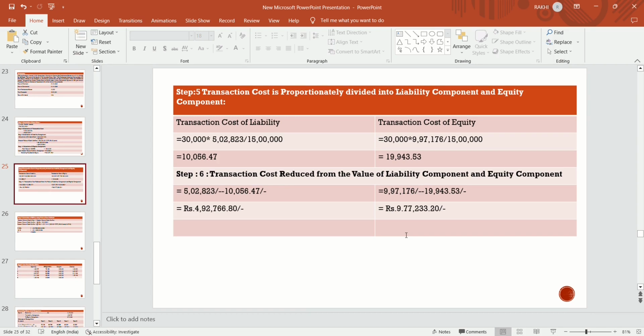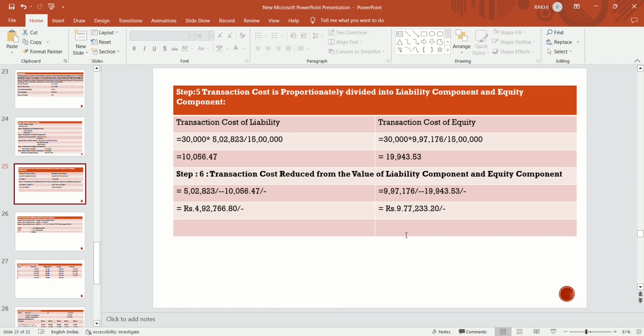And step 6 is transaction cost is reduced from the value of the liability and equity. So the value of the liability is 5,02,823, from which the transaction cost of liability component, that is 10,056, is to be reduced, that is 4 lakh 92,766.80. And equity component is 9 lakh 97,176 minus 19,943, which is to be reduced from the value of equity.